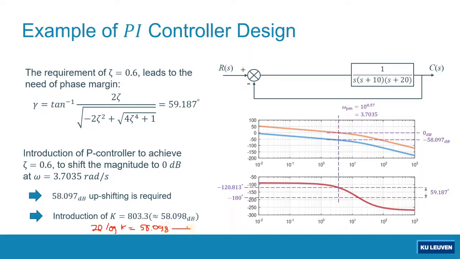From here you can calculate k, and k will be equal to 803.3. That means the first step to design a PI controller is to design the proportional gain. We have already calculated that the proportional gain that we have to introduce first to this unity feedback system is equal to 803.3.